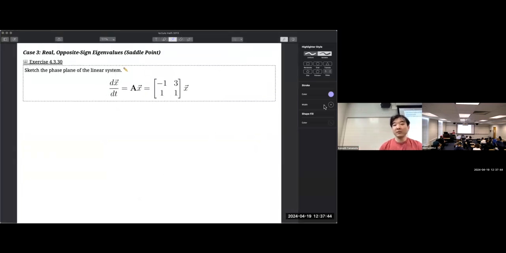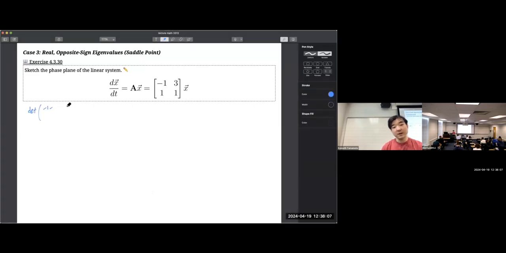So let's go back and review, and do this by hand again. When you're trying to compute the eigenvalues for this, it's the same as taking the determinant of this.